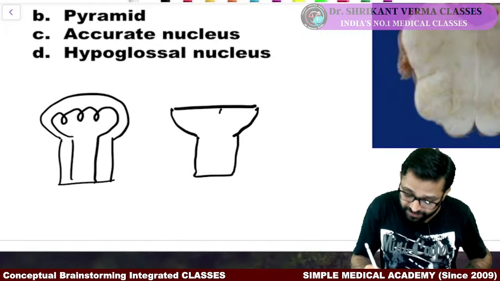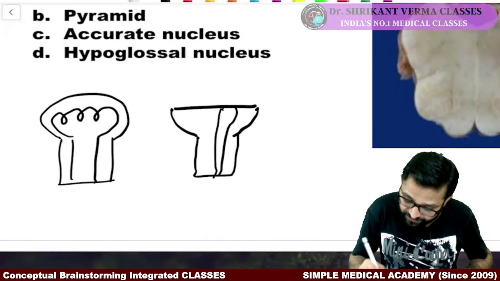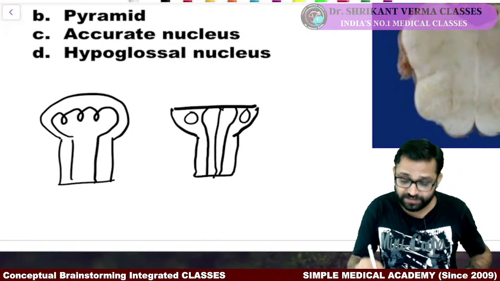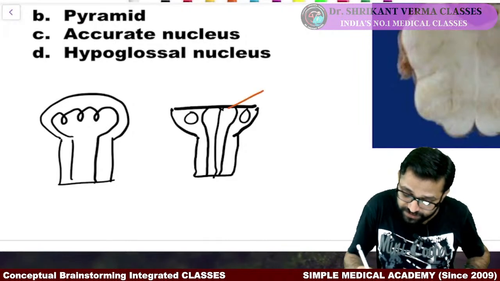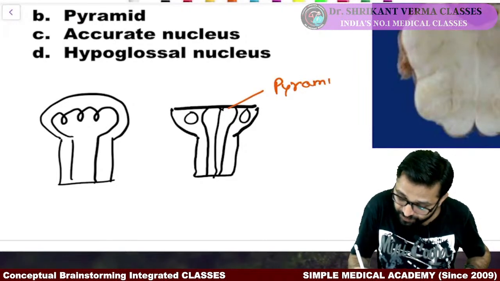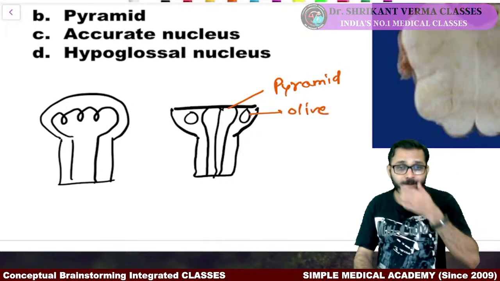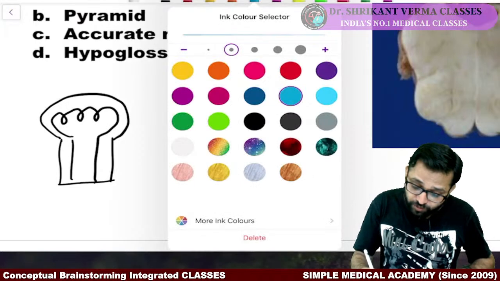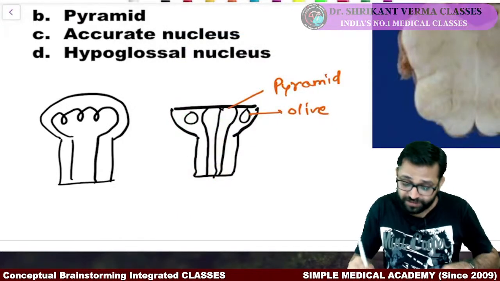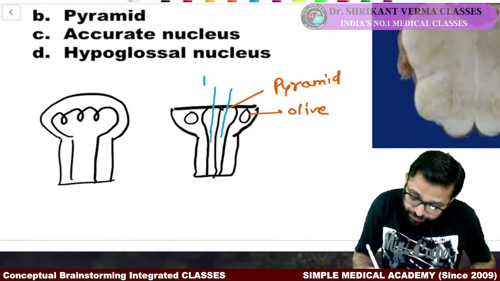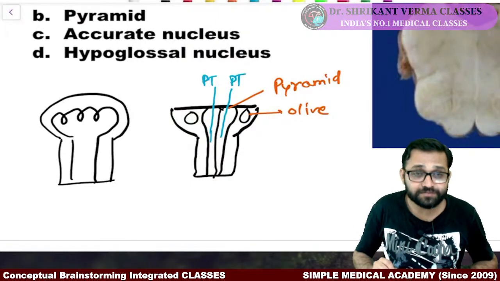There is one central elevation known as the pyramid and the lateral elevation known as the olive. The central elevation is the pyramid, the lateral elevation is the olive. Got the point? I told you about the tract. You can go to our YouTube channel, where I explained that the bundle of axons coming through the pyramid is known as the pyramidal tract.